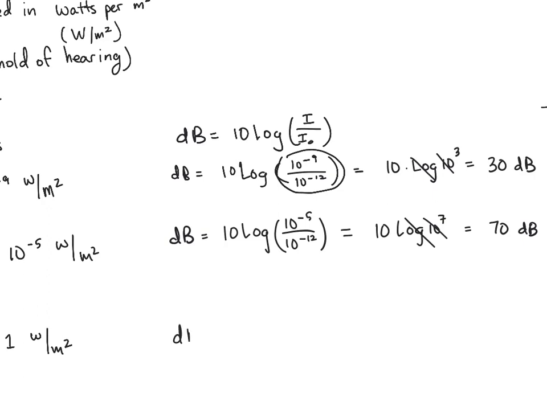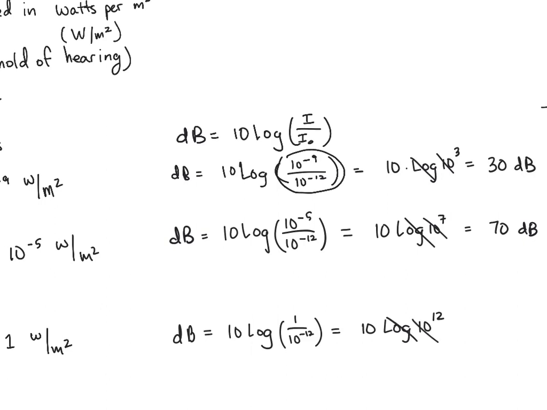Your rock concert would be 10 times log of 1 divided by 10 to the negative 12, which is 10 times the log of 10 to the positive 12.